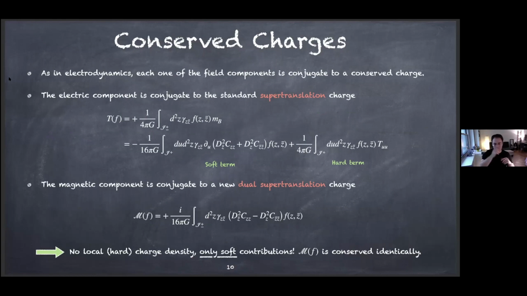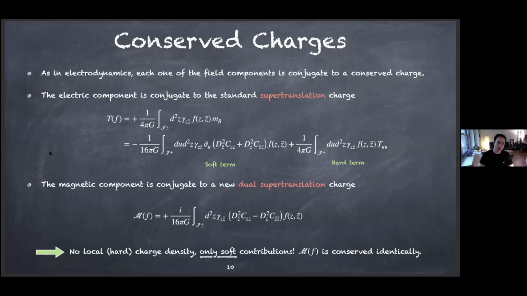When doing that, we get the following expression that can be divided into two terms. The first term receives contributions from soft graviton modes only, from zero energy modes only, and therefore it goes by the name of the soft term. And then there is another term proportional to the stress tensor that goes under the name of the R term.